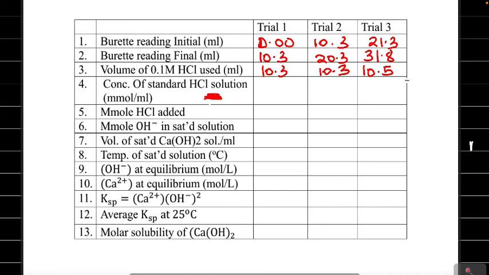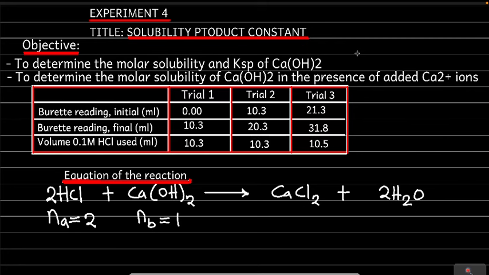Now this part we are getting from our titration. This part is obtained from our titration. Now this is a table. Where am I going to write this table? Please open your manual to where you have the data results sheet.